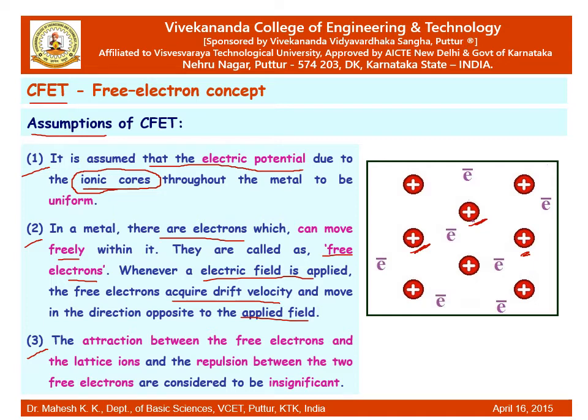The third assumption is that the attraction between the free electrons and the lattice ions, and the repulsion between two free electrons, are considered insignificant. Because if they were significant, the attraction between the free electron and the lattice ion would make them combine together always. There would be no free electron for mobility and there would be no conduction. That's why these attractions and repulsions are considered insignificant.